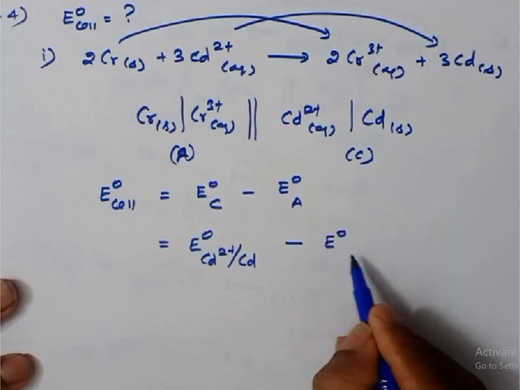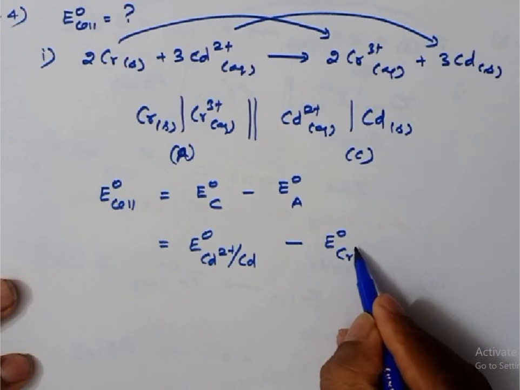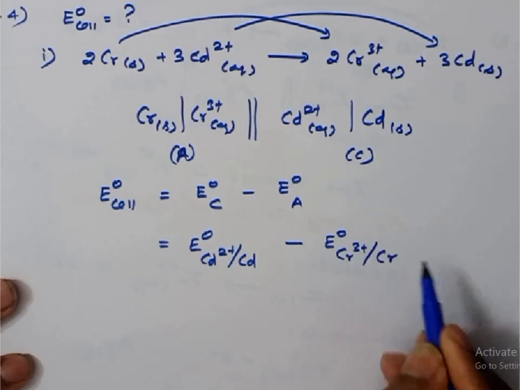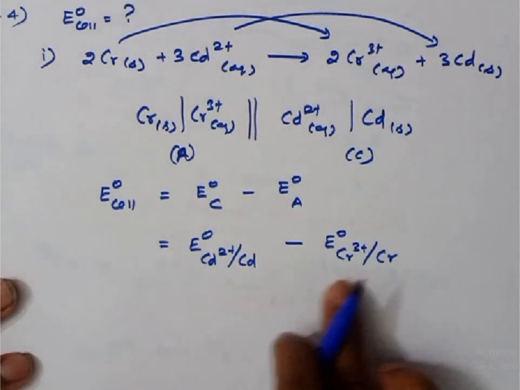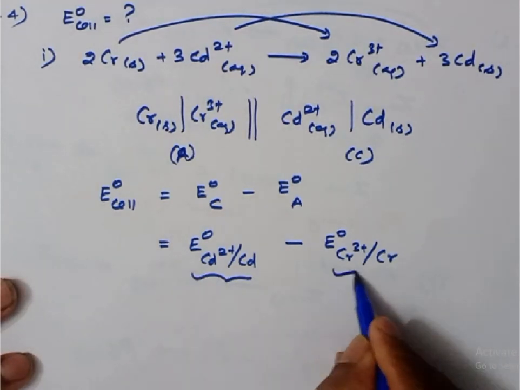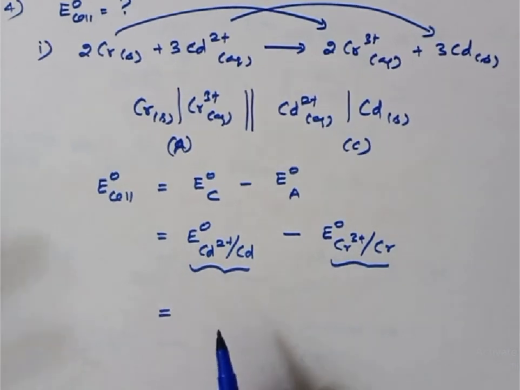Observe this carefully: chromium 3 plus becoming chromium, this is the reduction reaction. Now we need to find the values of these from the table. In the examination they will provide it, but now I will give you the value from the table, right?